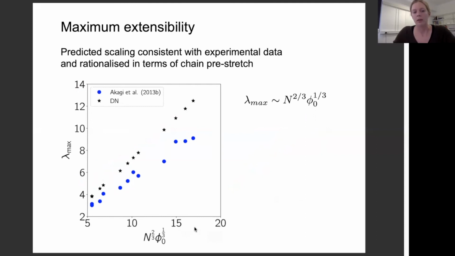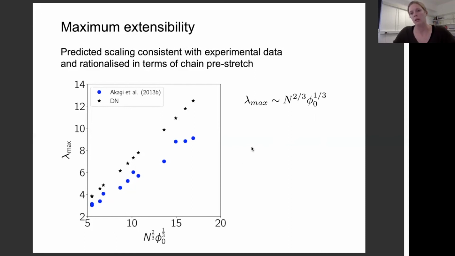The experimental scaling relation was that it scales with the number of Kuhn segments, or the molecular weight, with power of 2/3 and scales with volume fraction of pre-polymers with power of 1/3. And this is the same scaling that we find with the model as well, although the model overestimates the extensibility limits.